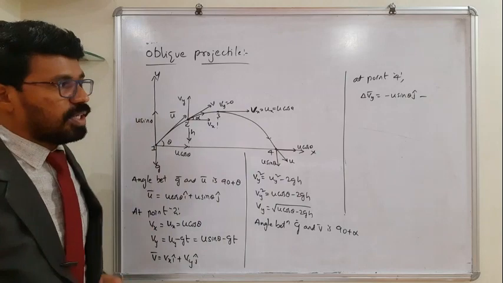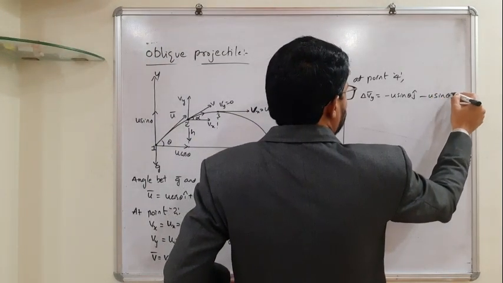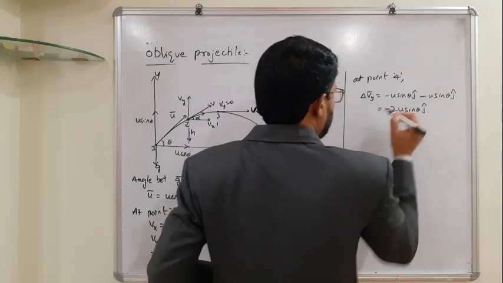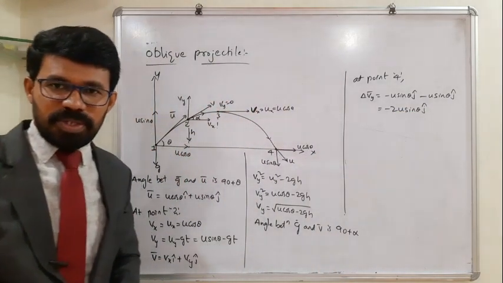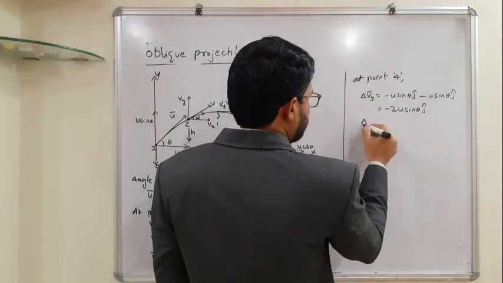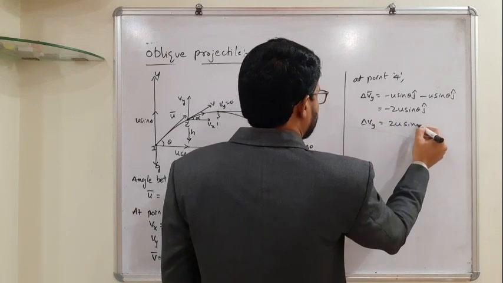Initial velocity is in the upward direction, so it is written as u sin theta j cap. Therefore, minus 2u sin theta j cap. This negative sign indicates that the change in vertical component of velocity is in the downward direction. And if you are supposed to write just the magnitude of change in vertical component of velocity, you can conclude: 2u sin theta.